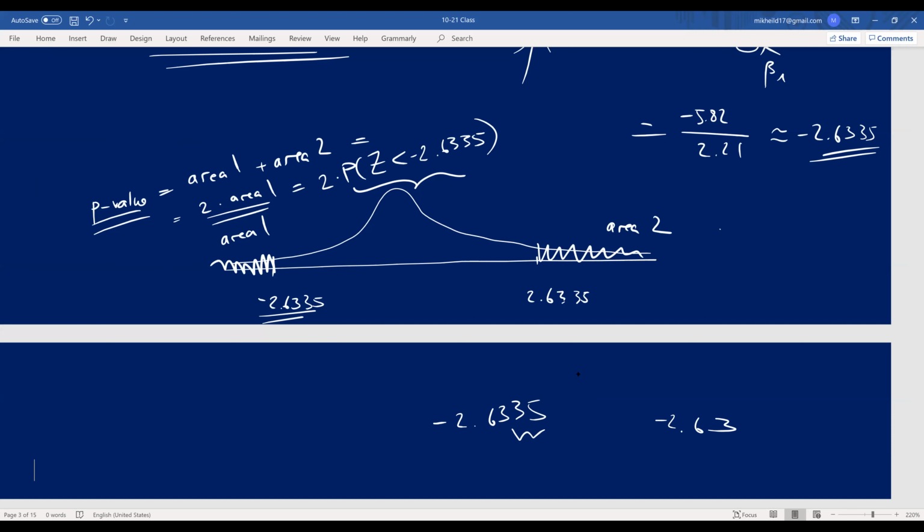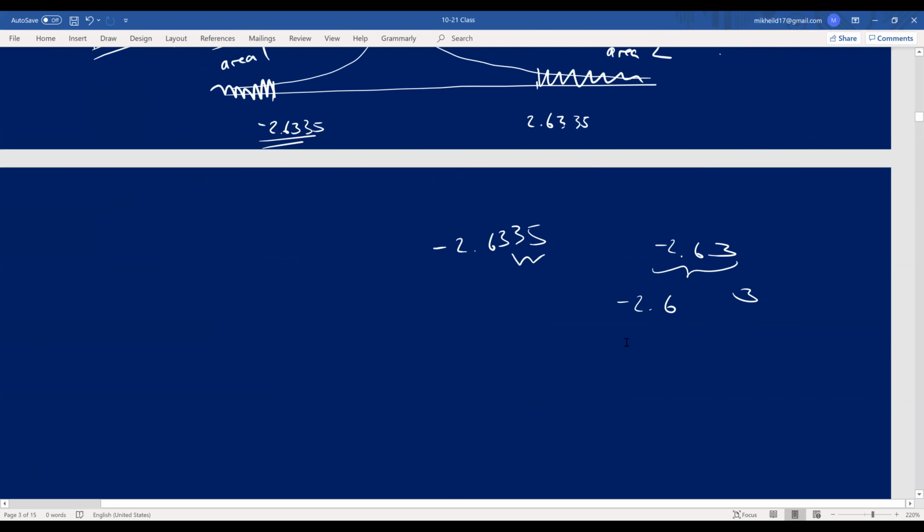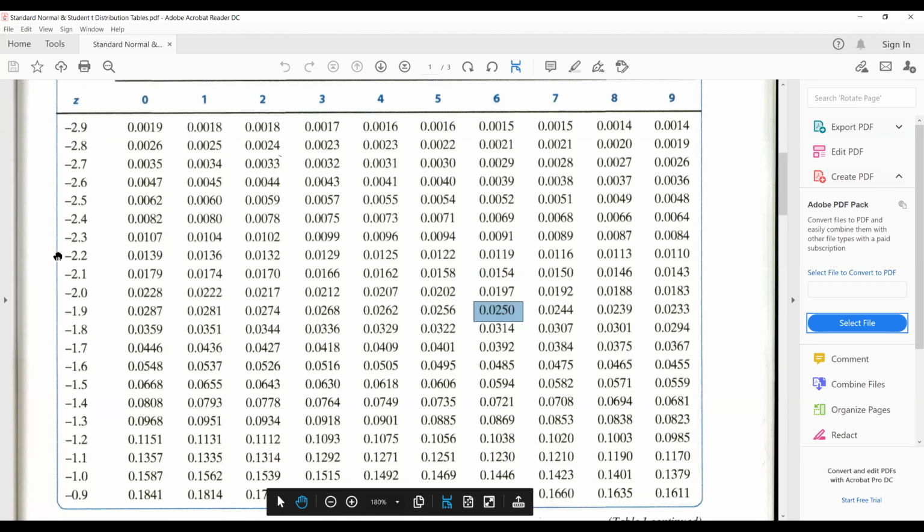In that table, it is decomposed into two parts, minus 2.6 and the 3, and then you are ready to go to the table. Remember, minus 2.6 and the 3, and we are looking for the probability that corresponds to that. Let me share the table again. Minus 2.6 is here. You guys see that, right?